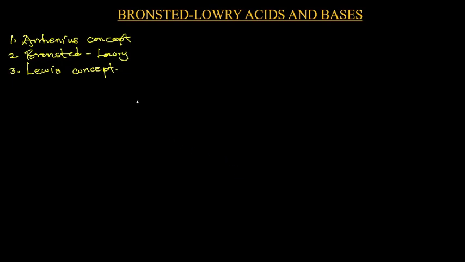Okay, now this Bronsted Lowry concept of acids and bases, like we said, was proposed in the 1920s, so 1923, and it gave a very simple definition for acids and bases.